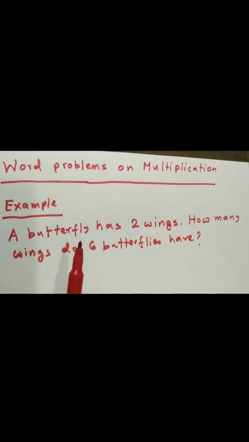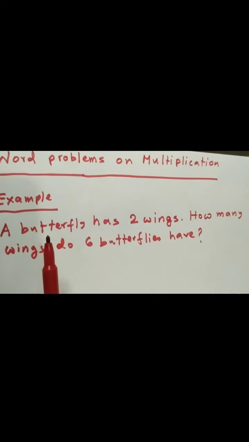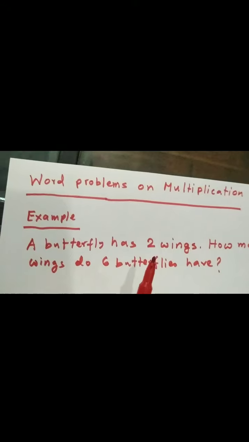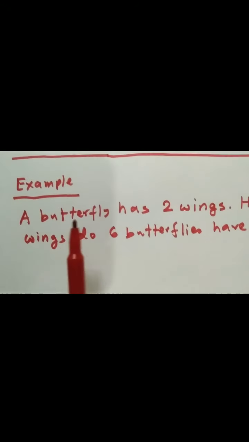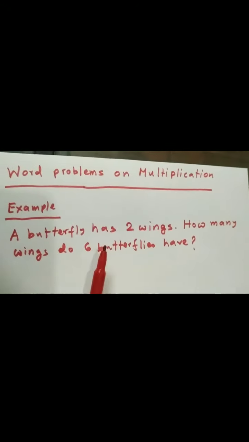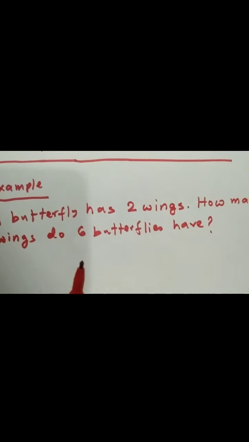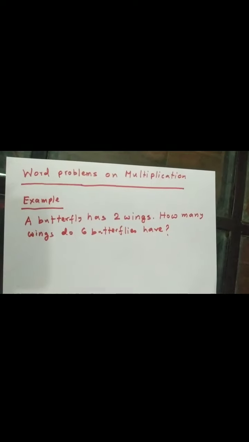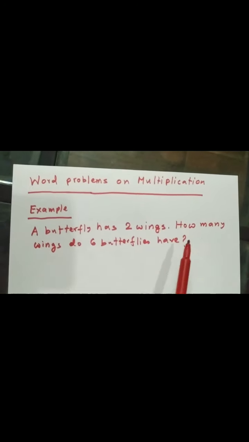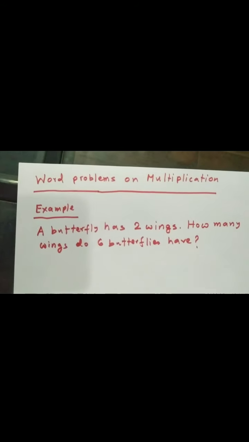No. What is asked from you is given in the form of a sentence. What is that sentence? A butterfly has 2 wings, and you are asked to find how many wings do 6 butterflies have.